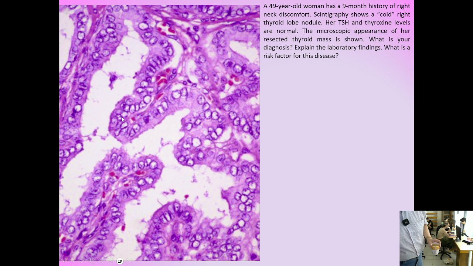These are the features of papillary thyroid carcinoma. This was a cold right thyroid lobe nodule. No problem with the hormones of the thyroid and TSH, but the microscopic findings are quite characteristic.